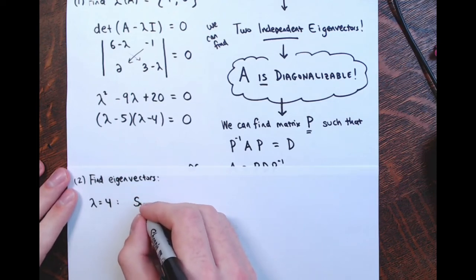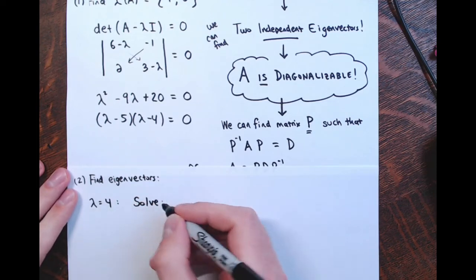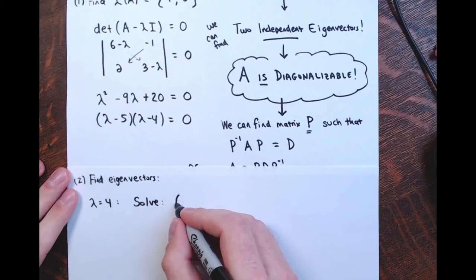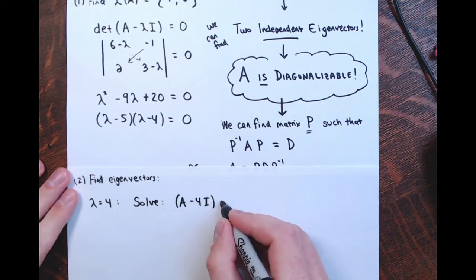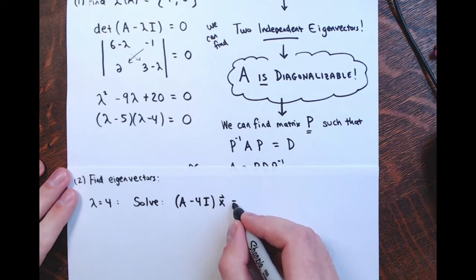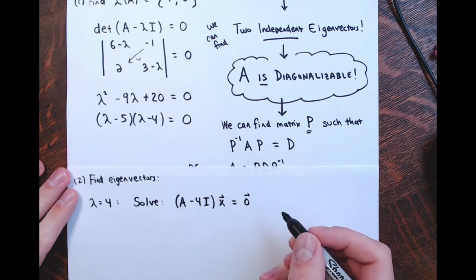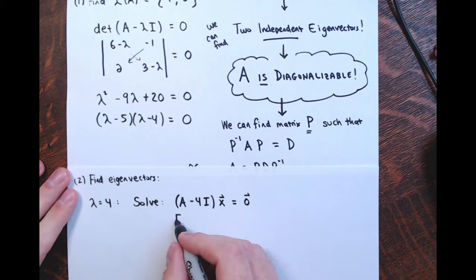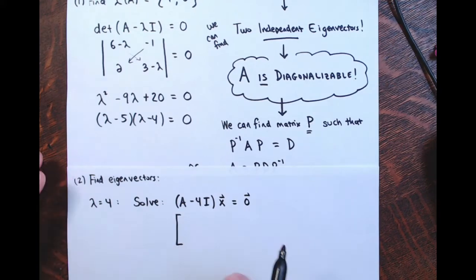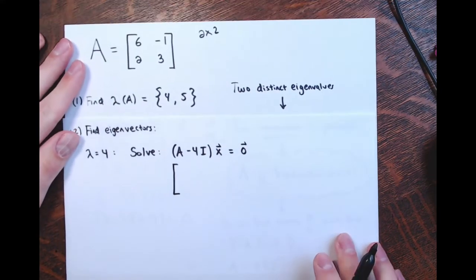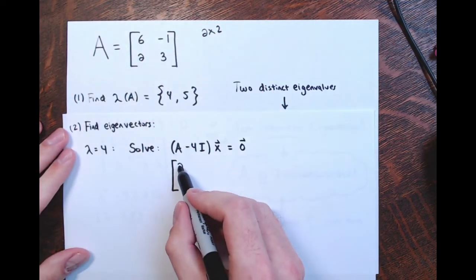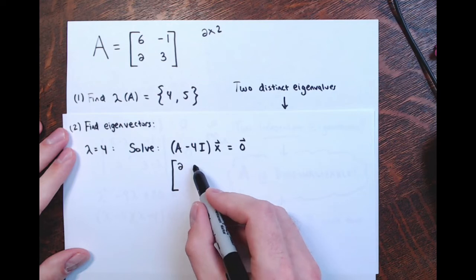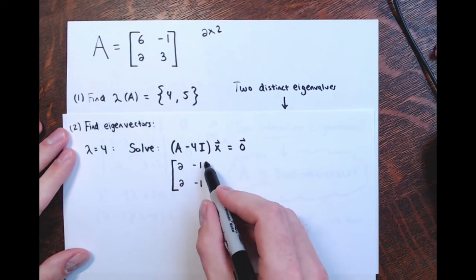We're solving this equation: A minus 4I times what vectors gives me the 0 vector. Now A minus 4I is just taking A and subtracting 4 down the diagonal. So that's 2 and negative 1, negative 1 here, 2 there.